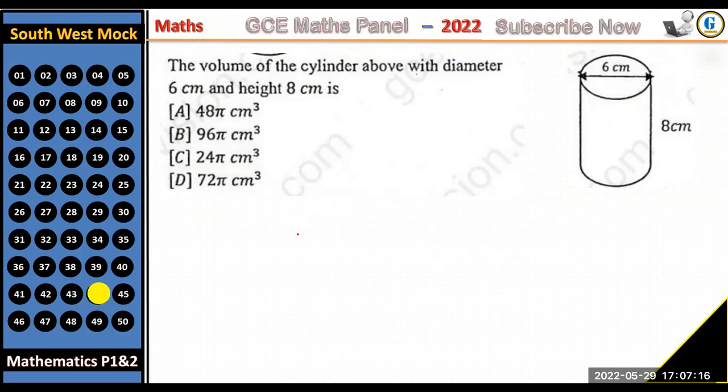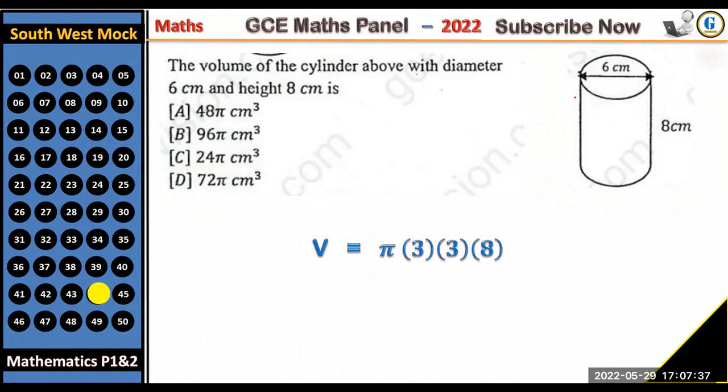The volume of the cylinder above with diameter 6 centimeters and height 8 centimeters is, let's see. So volume of a cylinder is given by pi radius squared times height.